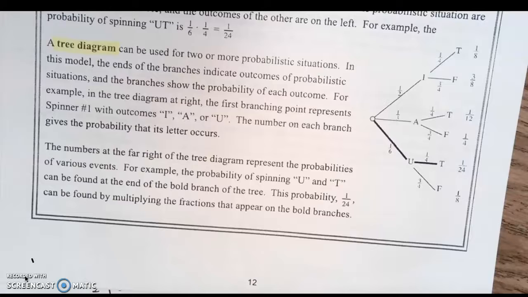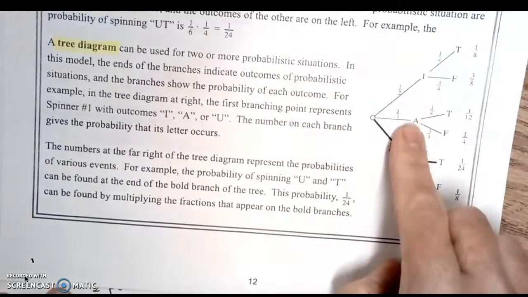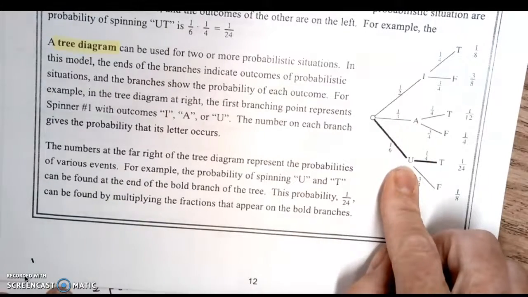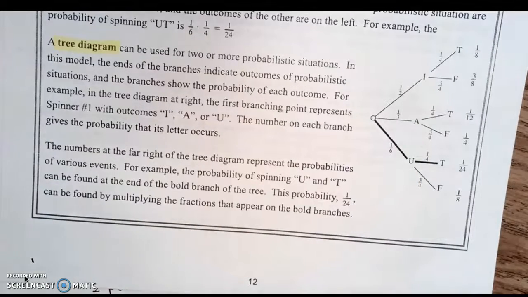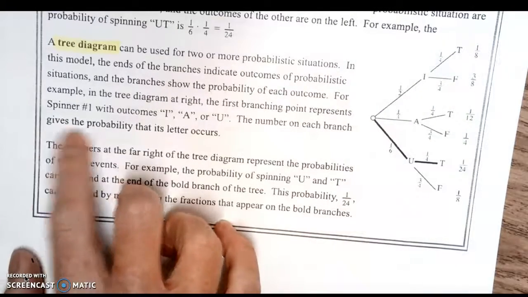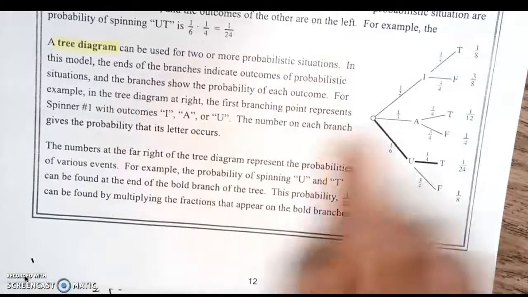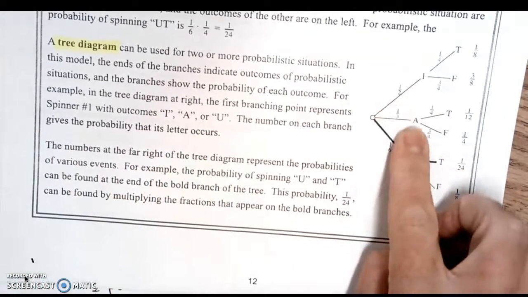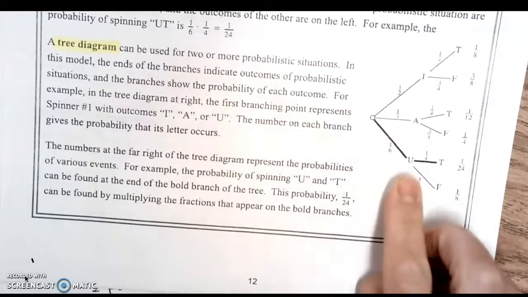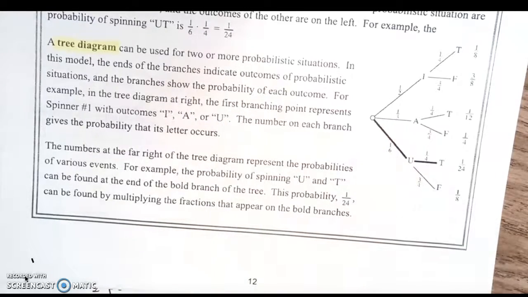For example, in the tree diagram at right, the first branching point represents spinner number 1 with outcomes I, A, and U. So here's I, here's A, here's U. The number on each branch gives the probability that the letter occurs. So I is 1/2, A is 1/3, and U is 1/6.